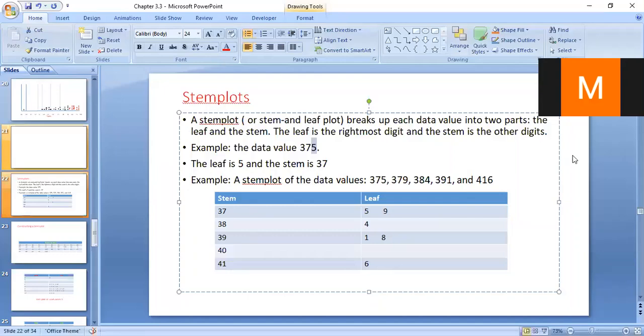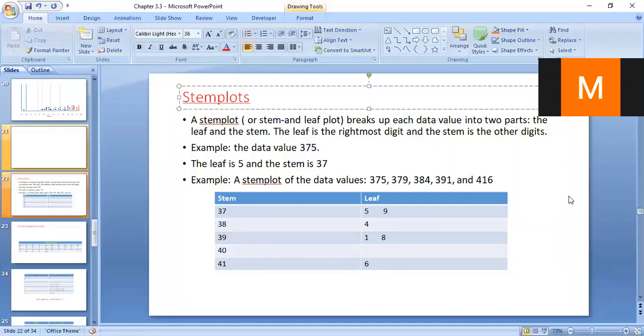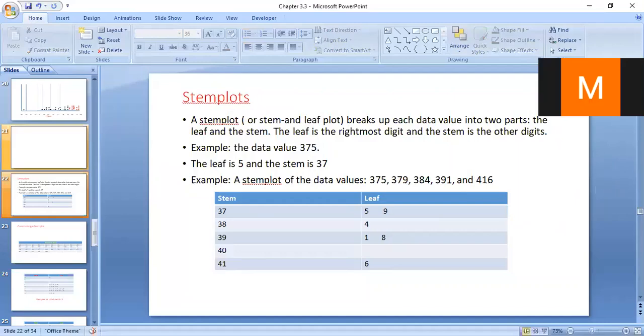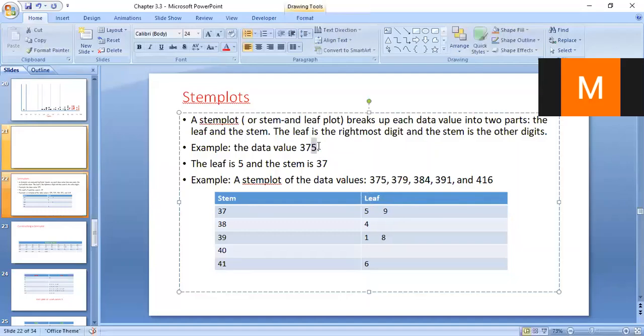Student: Professor, I have a question. So it says the rightmost number, like in 466. Is it always going to be a single digit, or sometimes will it be a bigger digit? Yes, only the rightmost digit on the right is the leaf. Only the right number is the leaf. And it's always one single number, like 0, 7, right?